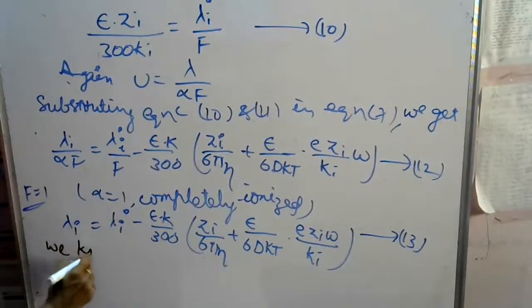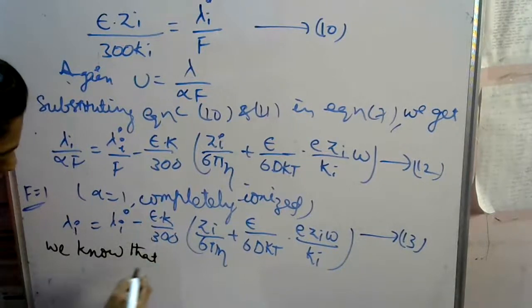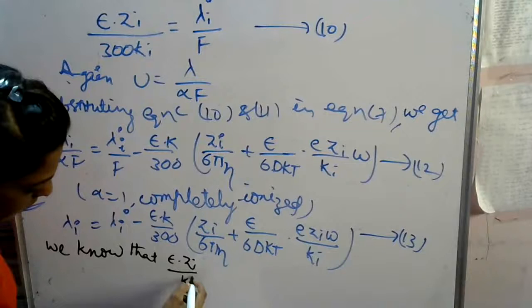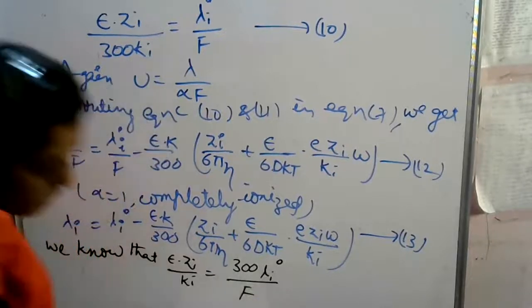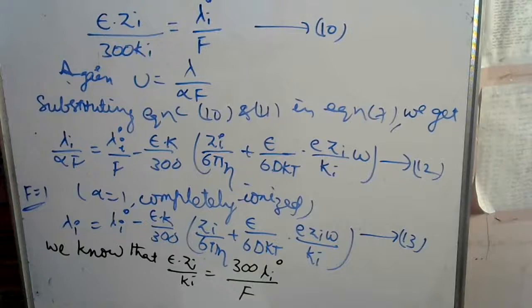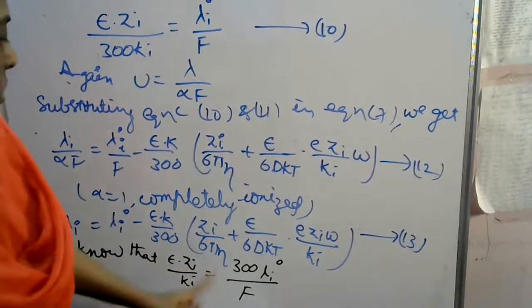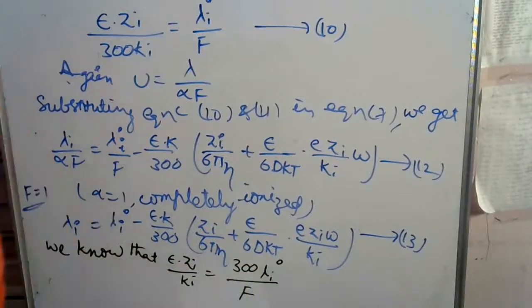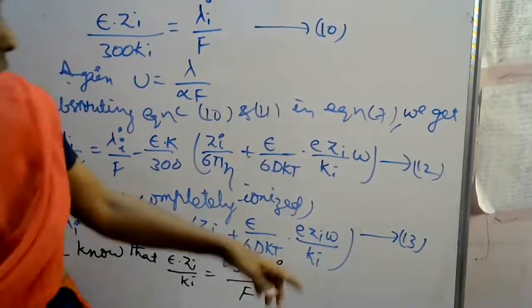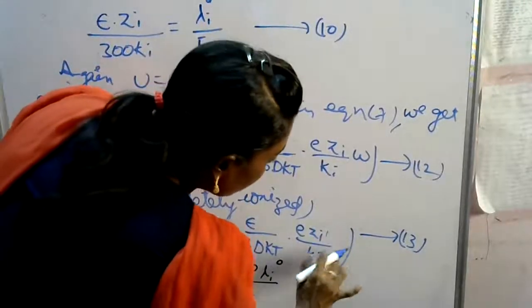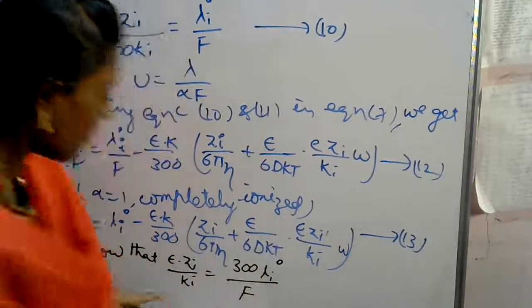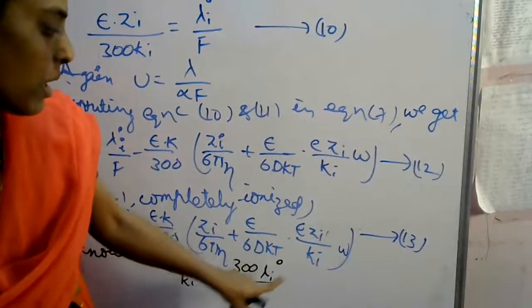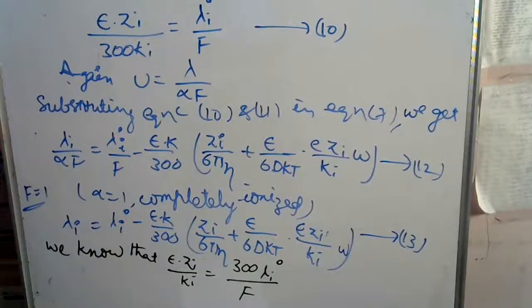We know that epsilon Z_i by K_i is equal to 300 lambda_i naught by F. Wherever we have epsilon Z_i K_i, we have to substitute this term, 300 lambda naught i by F.